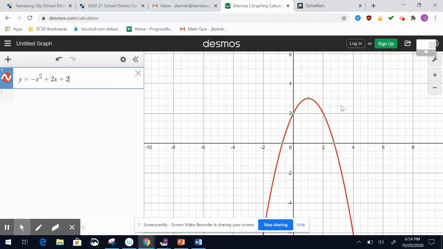And the y value then, looking at the max, is 3. Now, which way does this graph go? It goes down. So it's everything from negative infinity to 3.